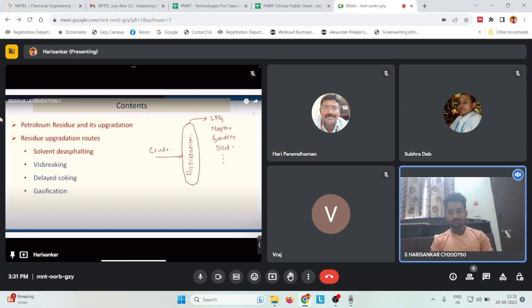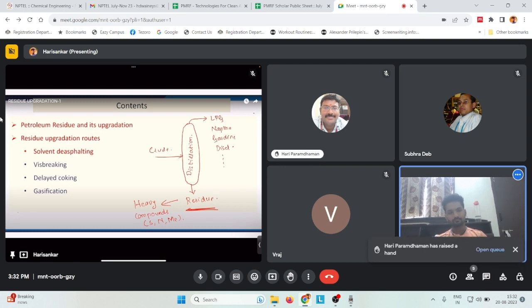And the final residue in this distillation column comes out through the bottom, and these are usually heavy compounds with a lot of impurities, mainly sulfur, nitrogen, metals, and so on. So treating this residue or upgrading this residue actually improves the cost efficiency of your refinery processes. What are the ways by which we can improve the quality or upgrade the quality of the residue is what we'll be looking at in the following slides.